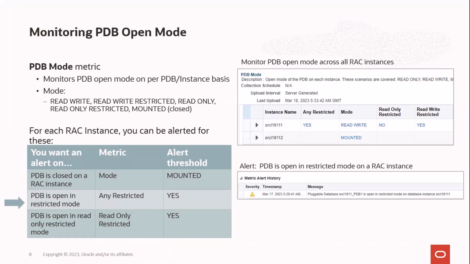If you want to get an alert if the PDB has been open in any restricted mode, that is, read-write restricted or read-only restricted, set the threshold for any restricted metric to yes. If you want to get an alert if the PDB is open in read-only restricted mode, set the threshold for read-only restricted metric to yes.